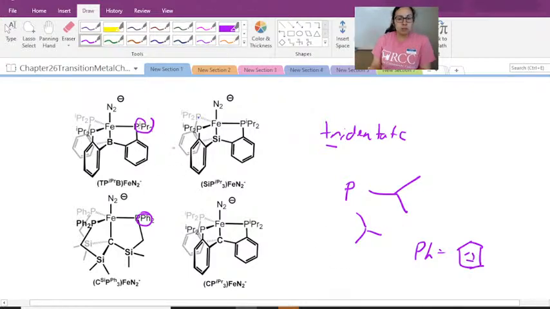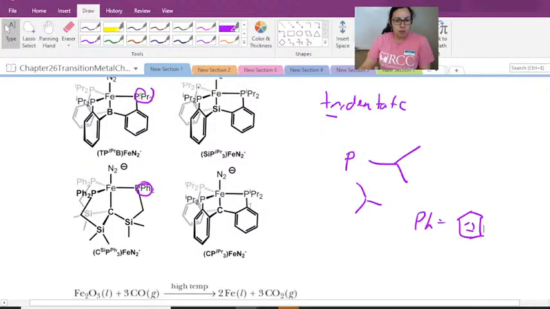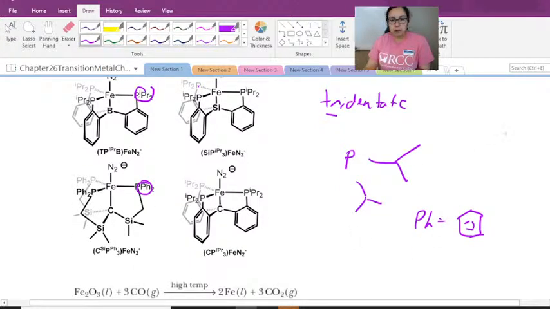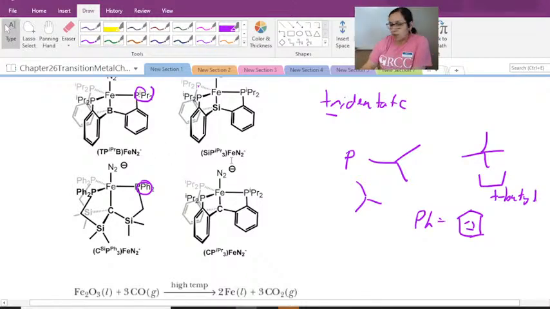You could also do, what's it called, tert-butyl, but tert-butyl is usually too big, or it doesn't make it to prime time. The tert-butyl groups are super bulky, so maybe they end up blocking reactivity.